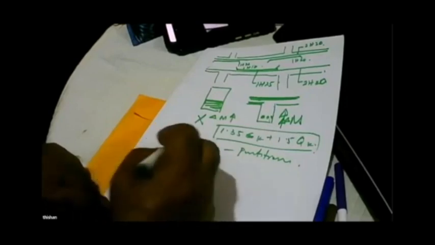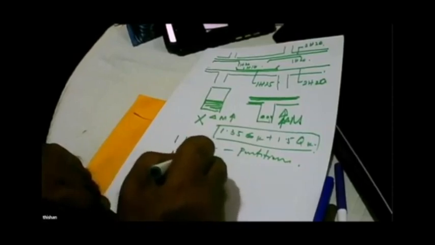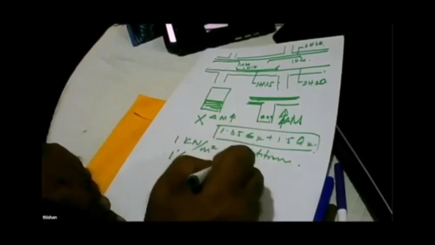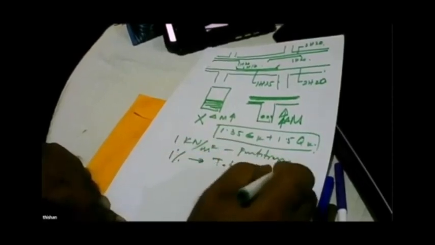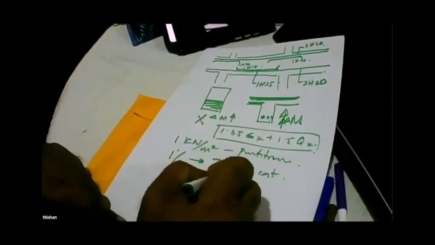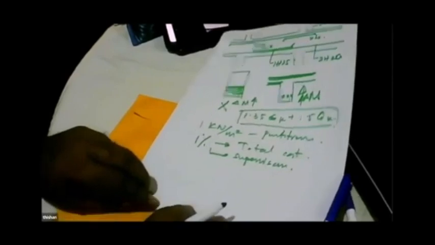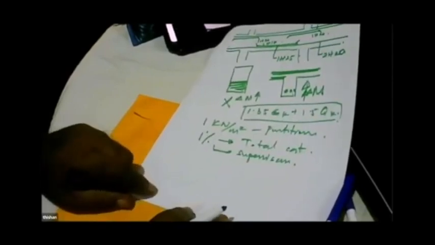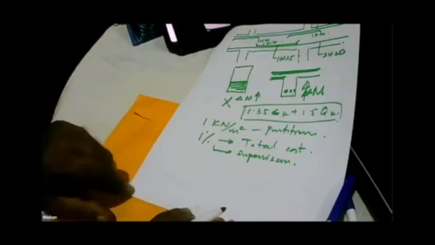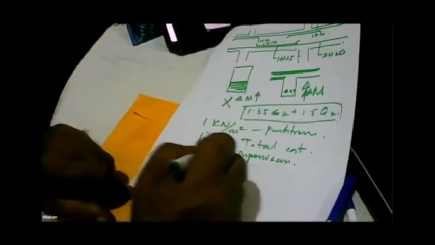So the structural engineer's charge should be 1% of the total cost. Why? Because this includes supervision. Whether you have continuous supervision or periodic supervision, it involves supervision. So you should not do any design for less than 1% of the total cost of the project. But if you are doing it for the structural cost, it should be at least 2% of the structural cost.